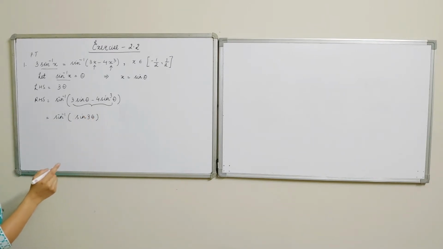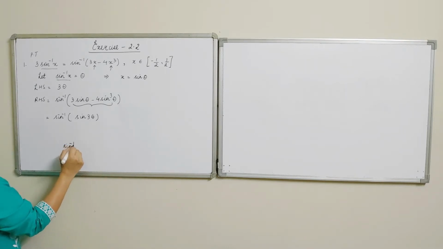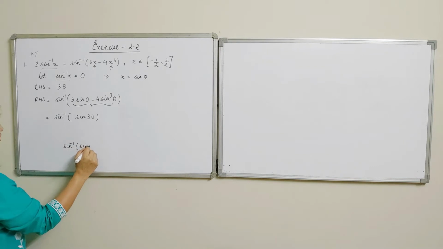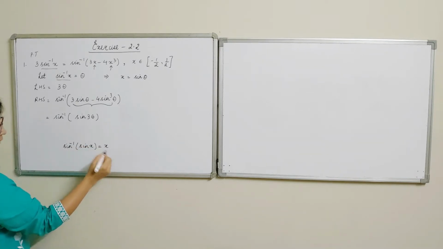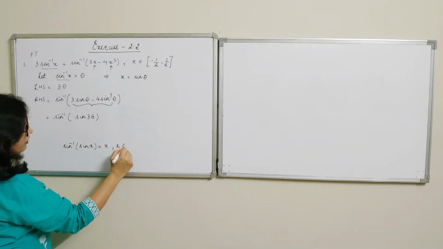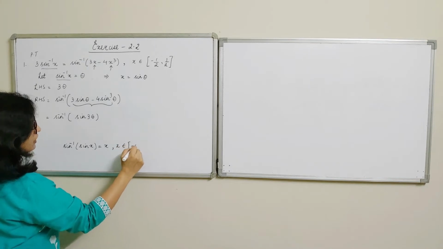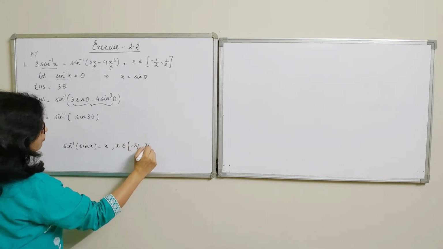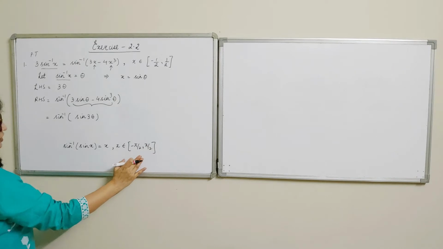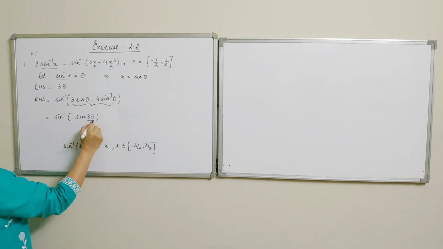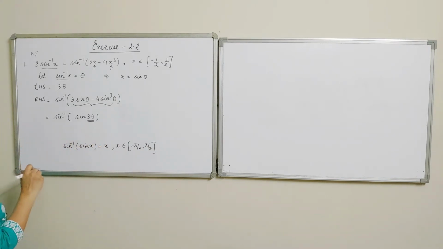Now we have done one important result in the properties of inverse trigo functions, that sine inverse of sine x will be equal to x only if x belongs to the principal branch of the sine inverse function, which is this. So here, how do we ensure that this angle belongs to the principal branch?